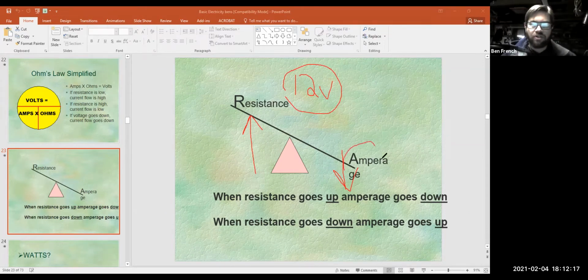Remember, it's the current flow, or the amperage, that does the work in an electrical circuit. It's the resistance that's supposed to be built into the device that you're trying to operate. So if that device is a fuel injector, that's where the resistance is supposed to be.